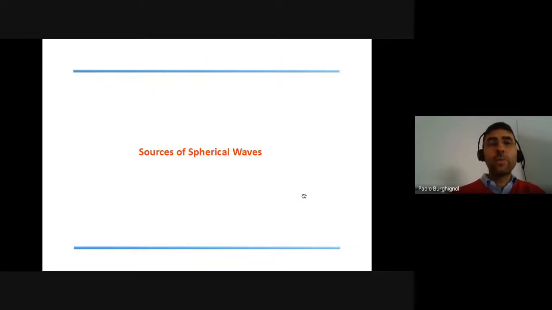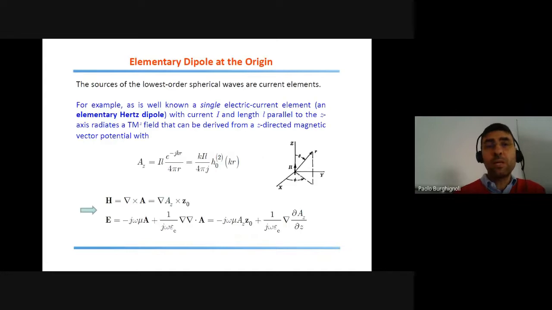Okay, so now, once we have introduced the spherical waves, both the scalar and the vector spherical waves, we are in the position of considering what are possible sources of spherical waves, and those are very familiar because the sources of the lowest order spherical waves are simple elementary currents, so current elements like dipoles.